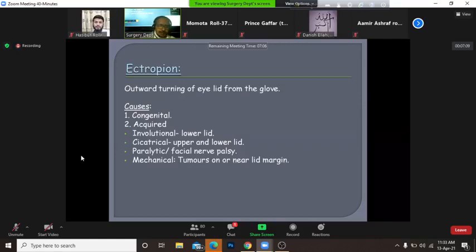Causes: congenital, acquired involution of the lower lid, cicatricial of upper and lower lid same as entropion, and paralytic or facial nerve palsy. Mechanical causes are possible too, such as tumors on or near the lid margin. Ectropion is more common in the lower lid.